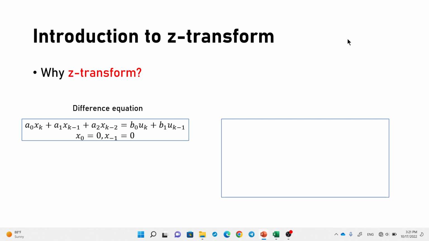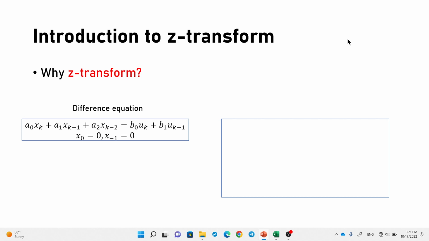So h can be, in this case, h is scalar, and you have an equation that has a relationship between the sequence and the past sequence, right?